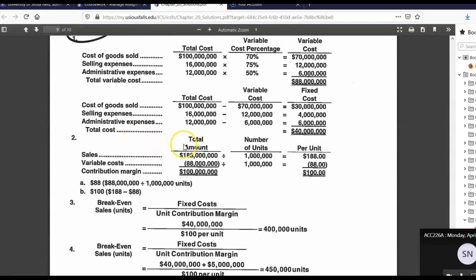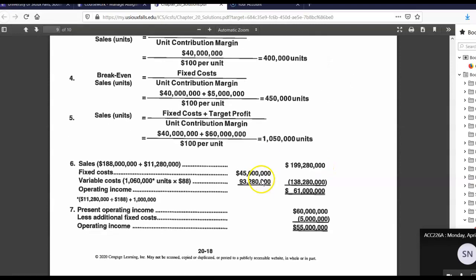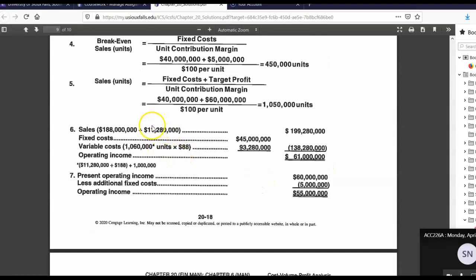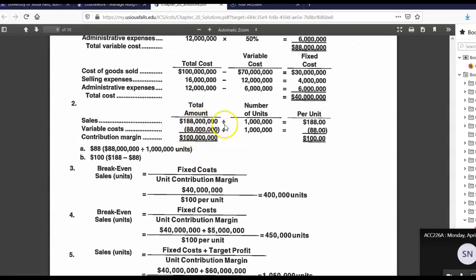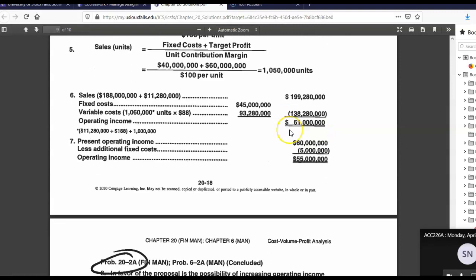As we look up here, we were doing a million units, so that's how we got to our 88. But now by adding this, how many units is that? Well, how much are we selling them for? We're selling the units for 188 bucks per unit.